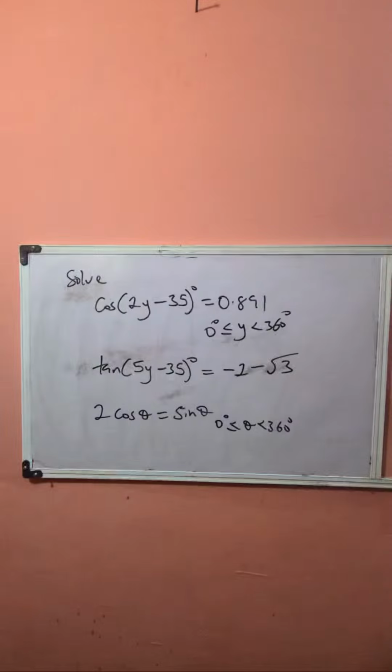Are you sure? So okay, 31 and 184. One and 329. 27 and 183.